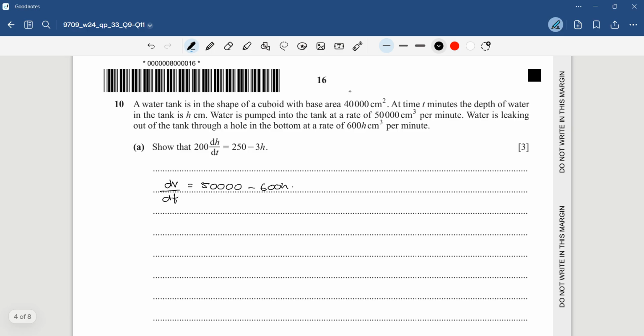Okay, and from here I can say my V is equal to 40,000 multiplied with h, because the volume is base area multiplied with the height. Therefore my dV over dh equals 40,000. Okay, now you need to show dh over dt.